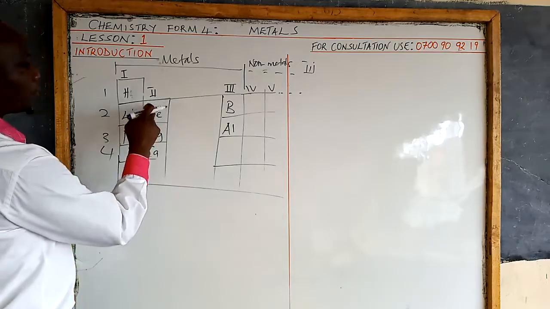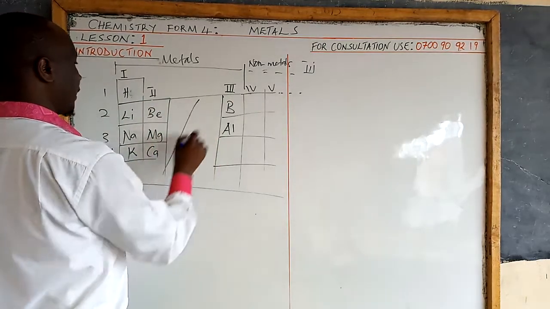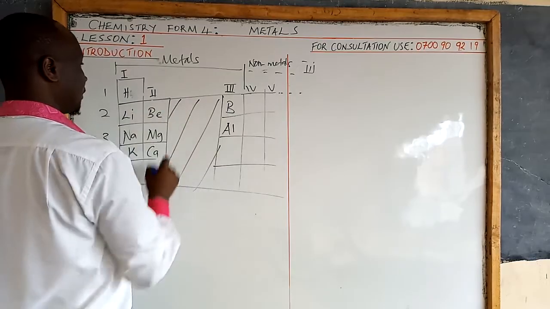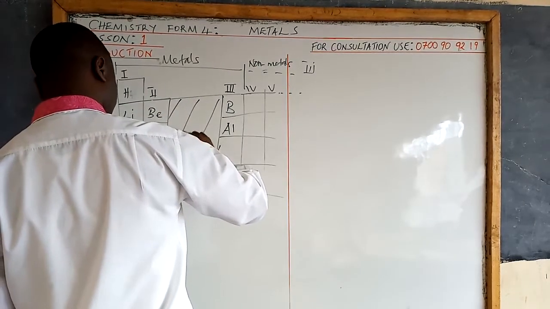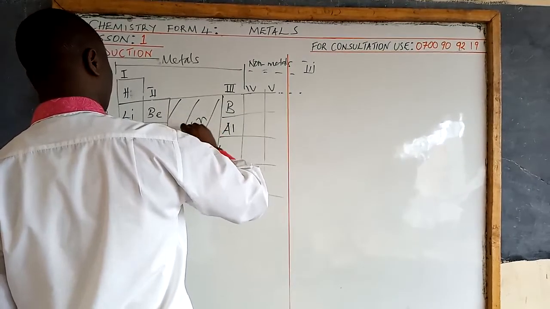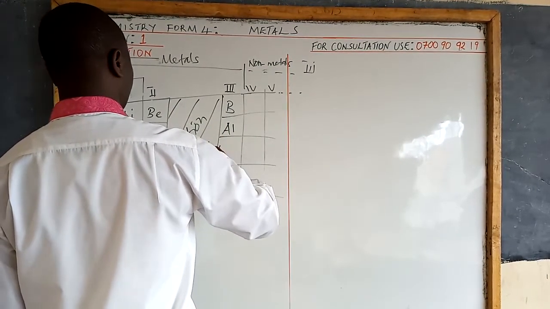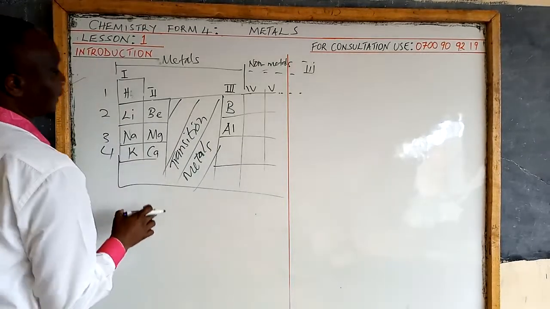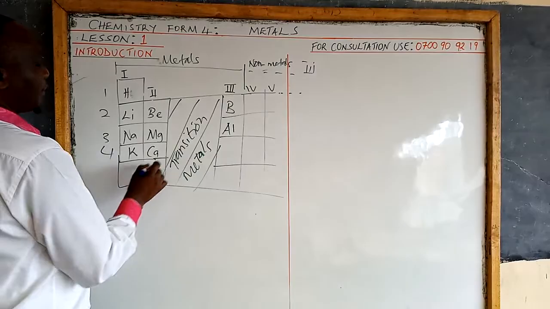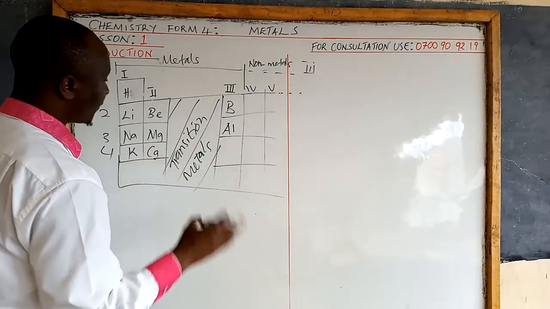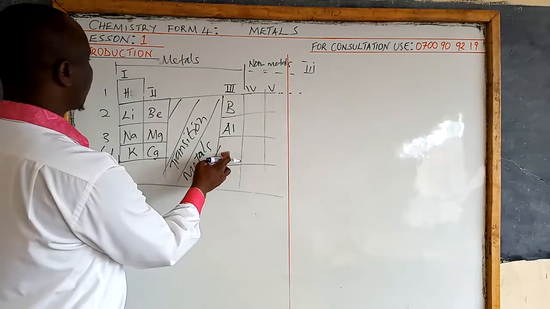So between group 2 and group 3 here, we have a group of elements which are called transition metals or transition elements. So they are still also metals. Why they are called transition metals is because they exhibit some properties of group 2 metals and some properties of group 3 metals.